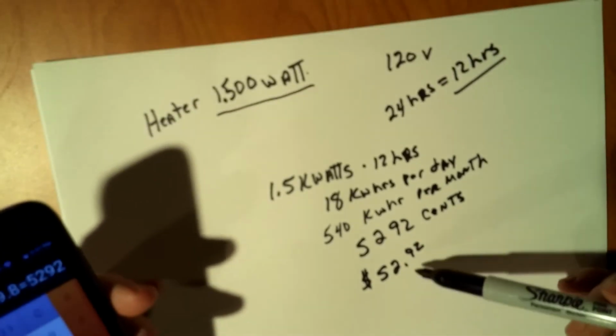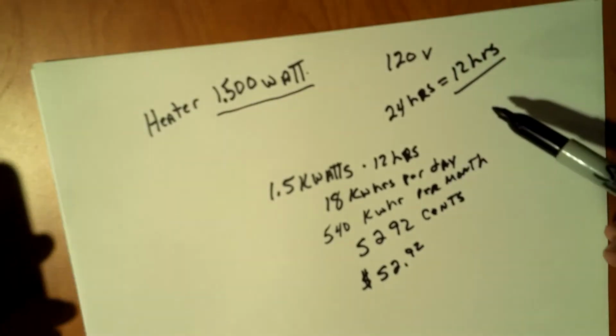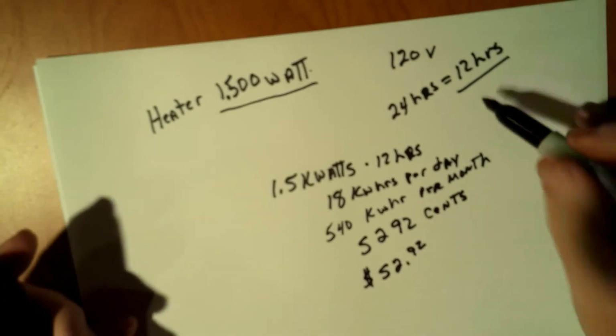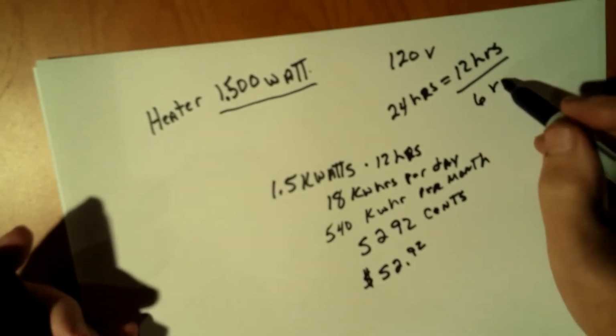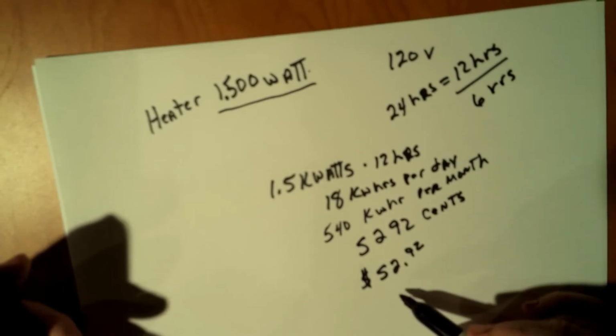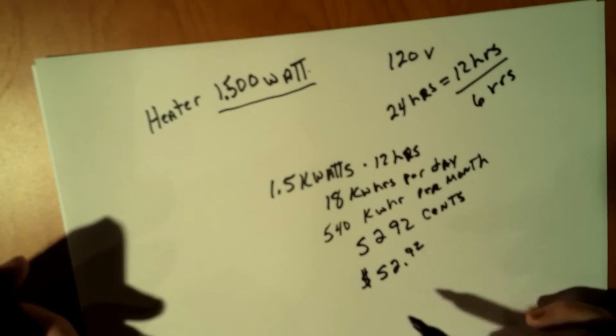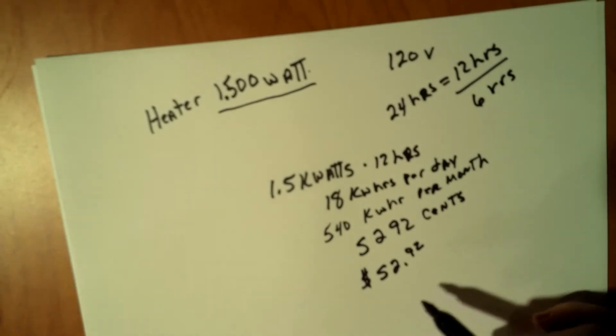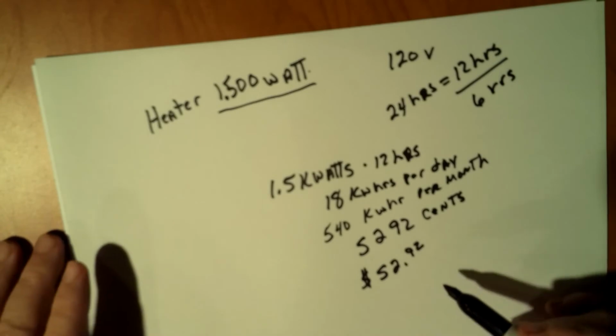Okay, so it's obvious now that if you put in more insulation and the heater runs 6 hours a day as opposed to 12 hours a day, you're going to cut your bill in half. Does that make sense? That's why insulation is so important. And that's the way they charge you for a kilowatt hour.